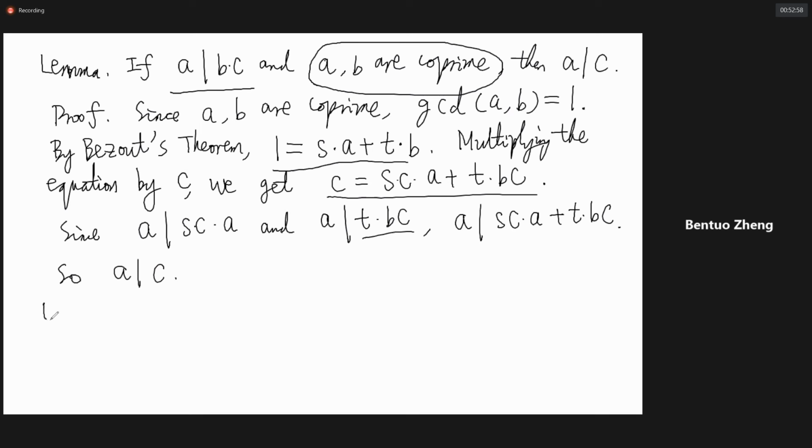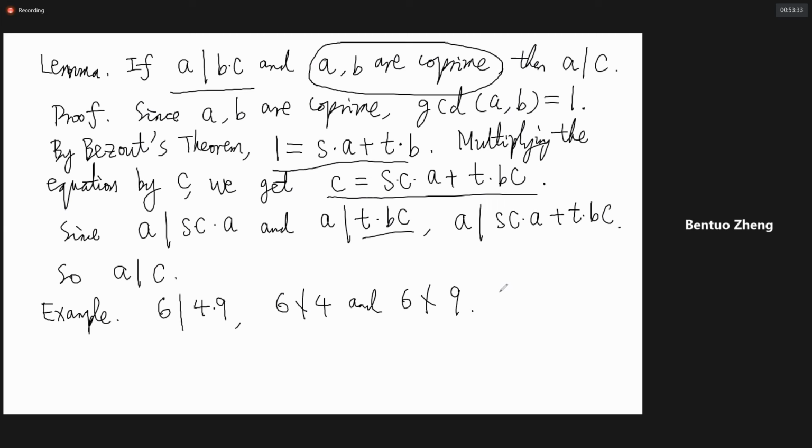For example, if you look at 6 divides 4 times 9, however, 6 does not divide 4, and 6 does not divide 9. So you see the main reason is 6 is not coprime with 4, and also 6 is not coprime with 9. So that lemma doesn't work.